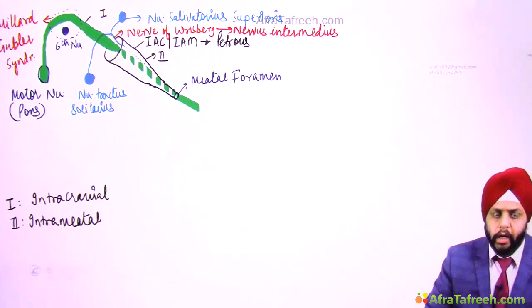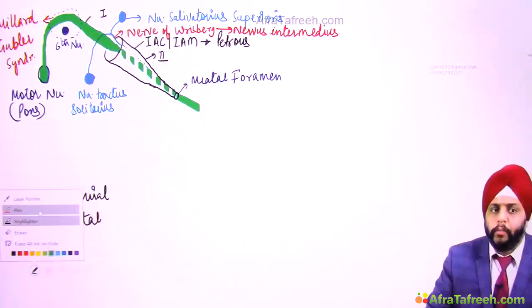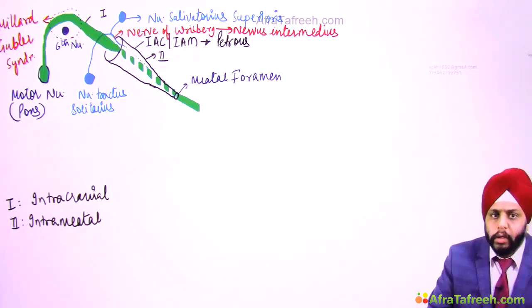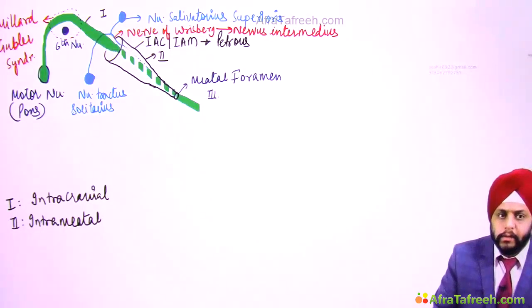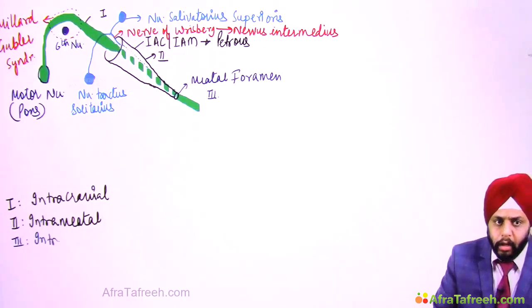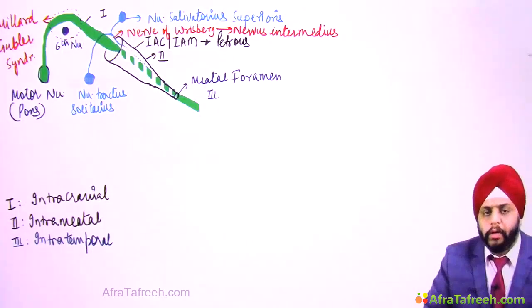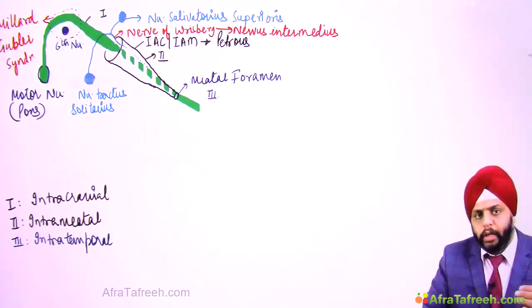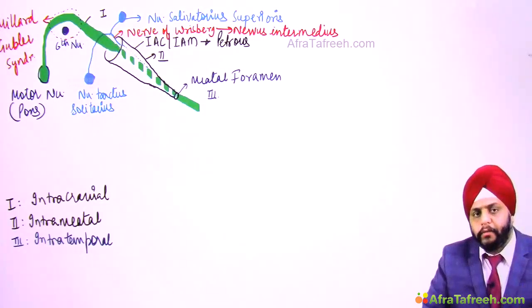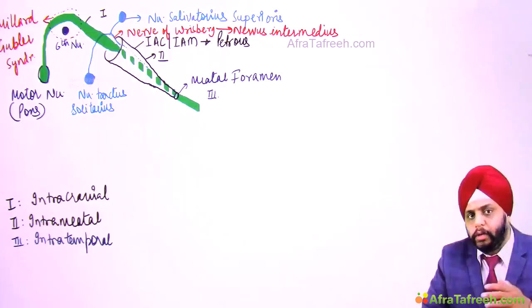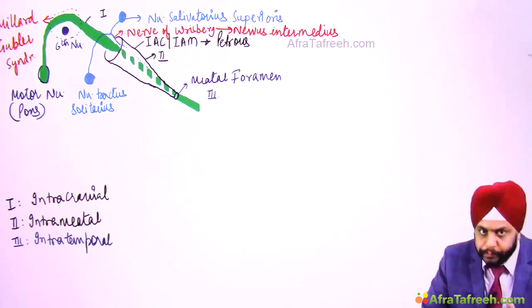When it enters into the temporal bone, this is known as segment 3, that is the intratemporal segment of facial nerve. So this is the intratemporal segment of facial nerve, when the facial nerve crosses the meatal foramen and enters into the temporal bone.